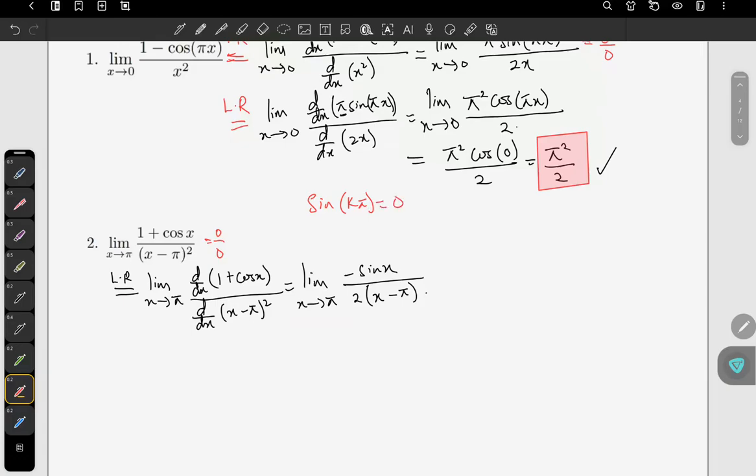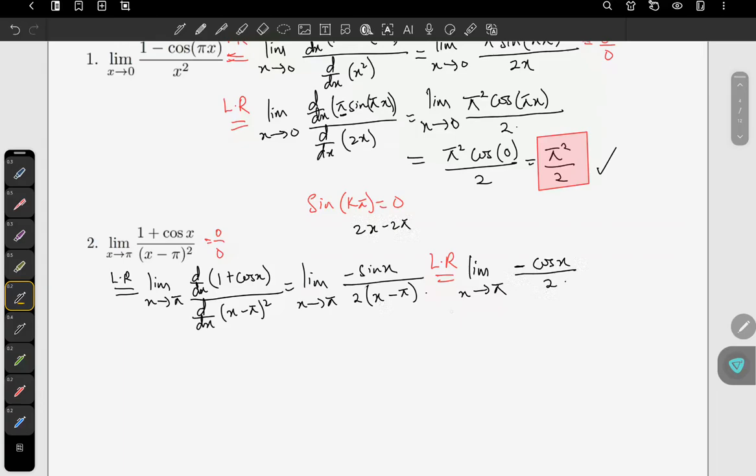So sine pi is 0, and pi minus pi is 0, so that is 0 over 0. We can use L'Hopital's rule again, and that is the limit as x approaches pi. We differentiate negative of sine x, we get negative of cosine of x over the derivative of 2x minus 2 pi is just 2, so over 2.